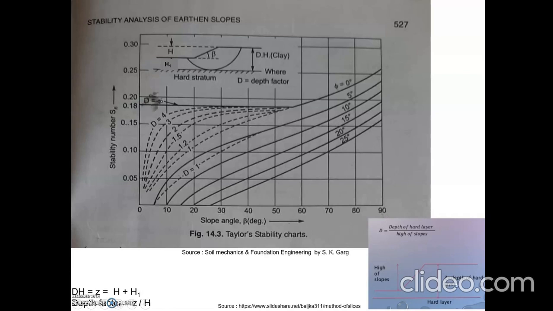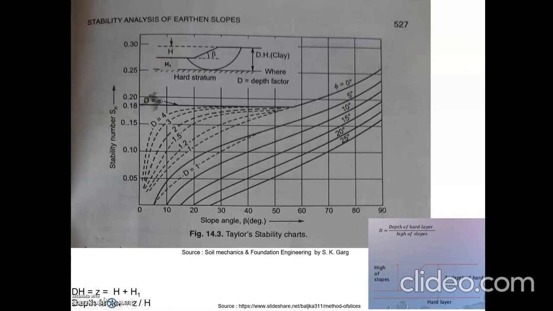And this z is also equal to d into h, where d is the depth factor and h is the height of the slope. So d can be written as depth of hard layer divided by height of slope.